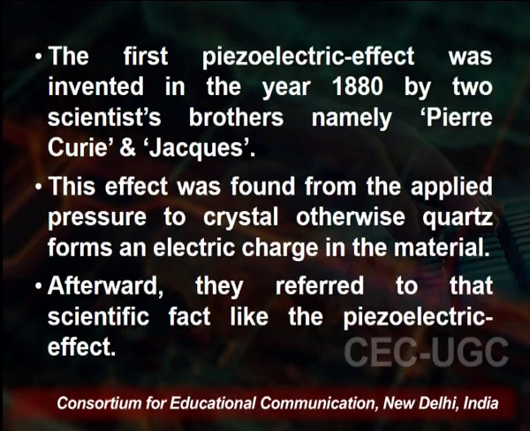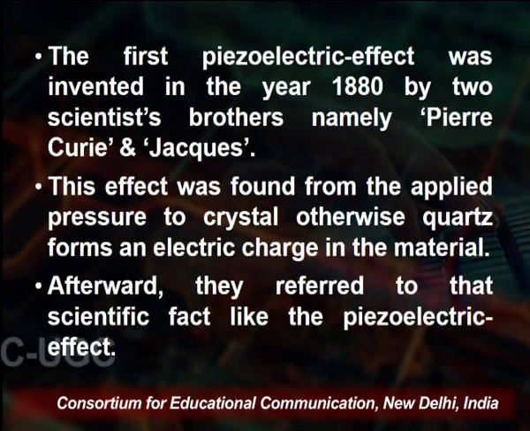Afterwards, they referred to this scientific fact as the piezoelectric effect. First, they just realized that an electric charge is generated when pressure is given to the crystal. After that, the name was given: the piezoelectric effect.